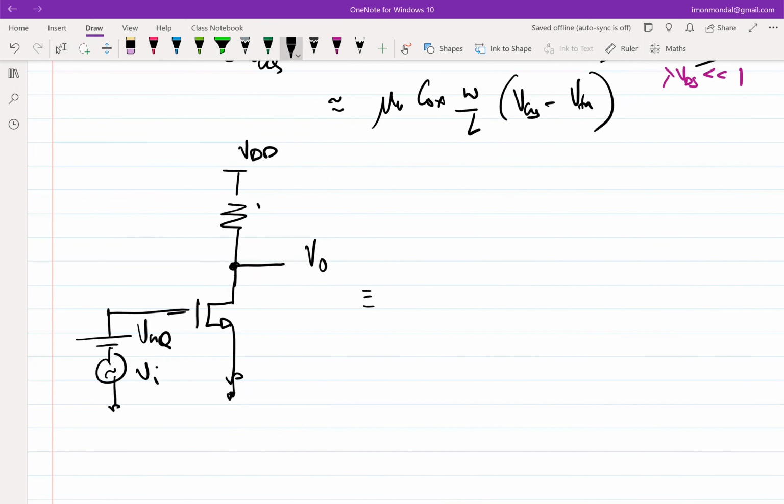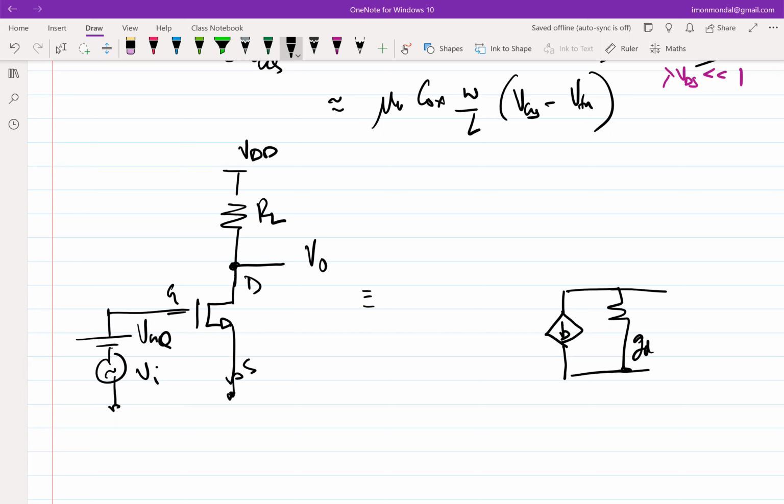Okay, so now how will our incremental model change? You do the same thing, just the transistor model has changed slightly, right? So this is gate, source, drain. Incrementally, my transistor is this.